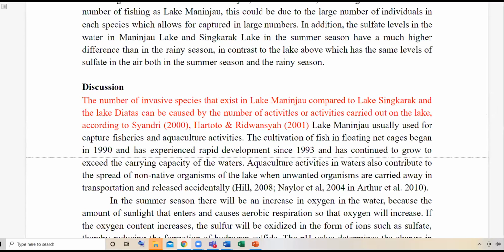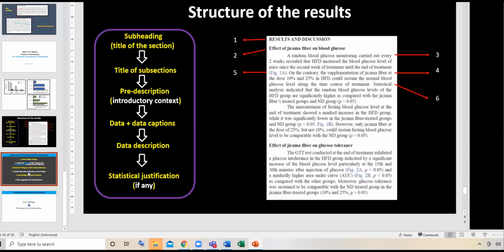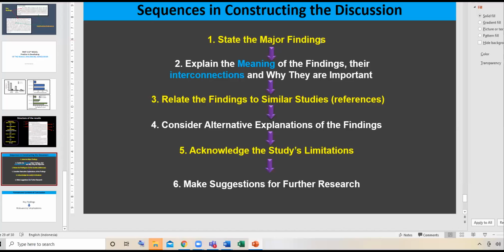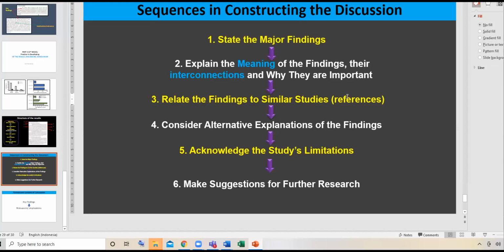Nasha compared this finding and refers to the previous research conducted by Chandri and Hartoto and Ridwancha. So we have to start from the major findings, not directly with the reference. In the case of Nasha, he started with the relationship of the finding to similar studies. So this is the third part.